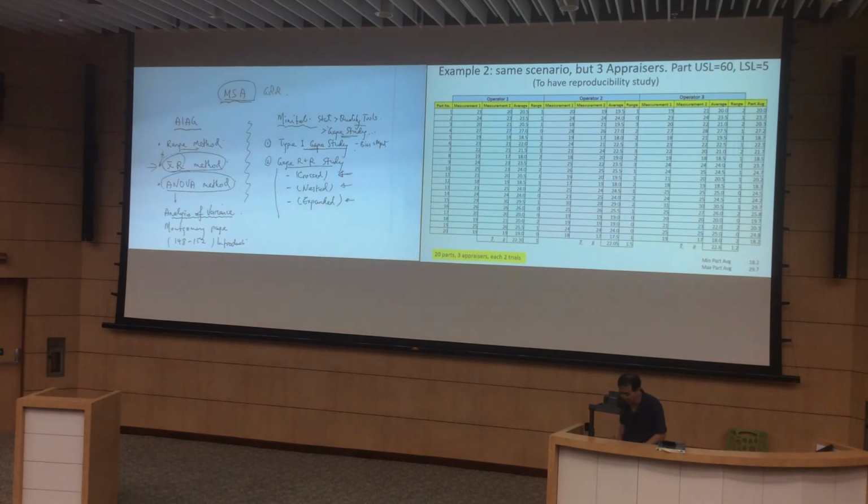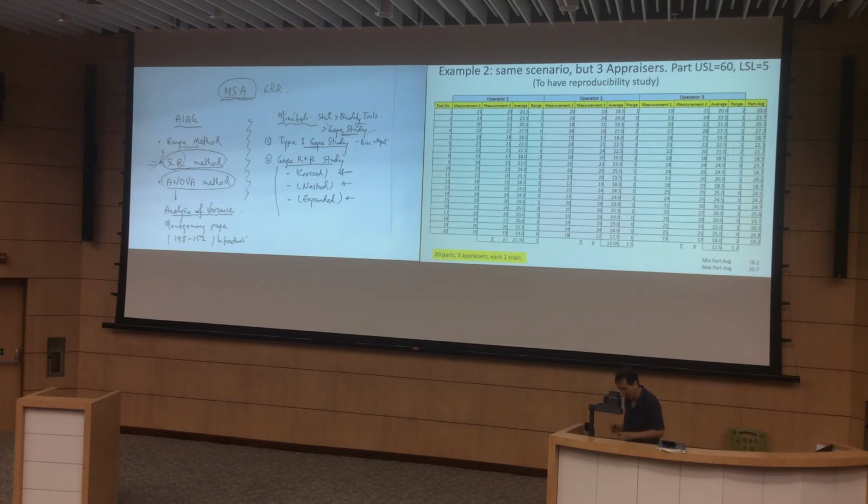Expanded is a little more flexible and general, but you need a lot of readings. For example, the first operator measures 10 samples, and when the second operator comes, he has only 5 samples to read.